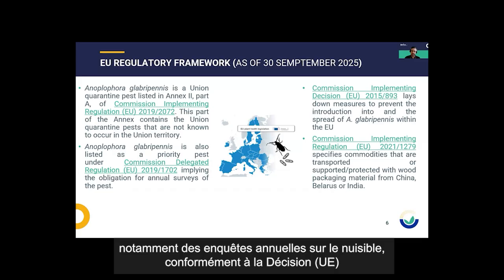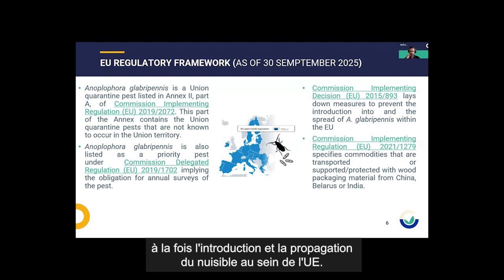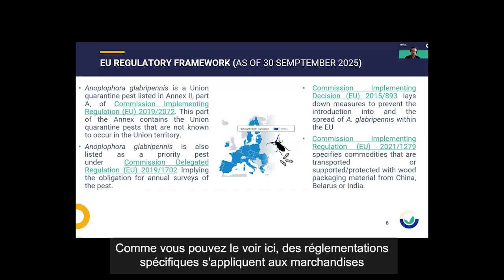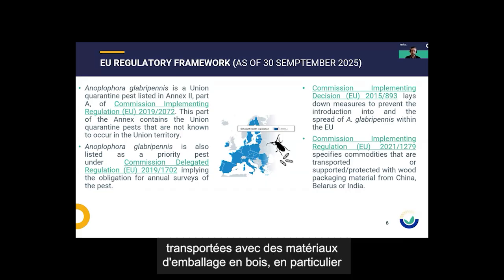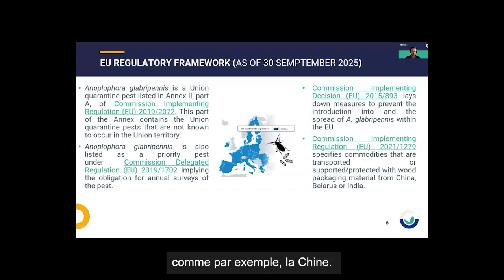According to Decision 893, emergency measures have also been adopted to prevent both the introduction and the spread of the pest within the Union. As you can see here, specific regulations apply to commodities transported with wood packaging material, especially when originating from certain third countries, for example, China.